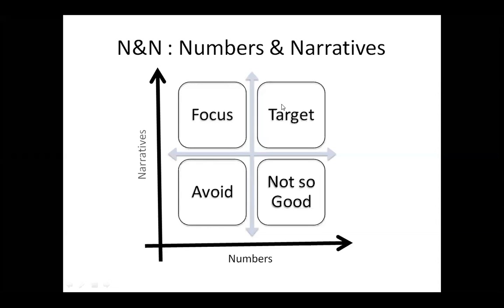And this is the target, the place to be, where you have numbers, somebody like Beyond Meat, with turnover of around 2000 crores, and also a narrative about the market. Beyond Meat has good narratives and good numbers. Your startup is somewhere here, and you have to move from here to here. This is what the NNN system is.